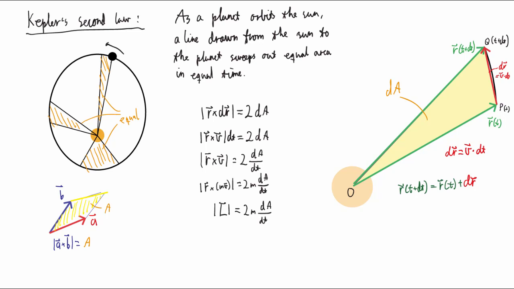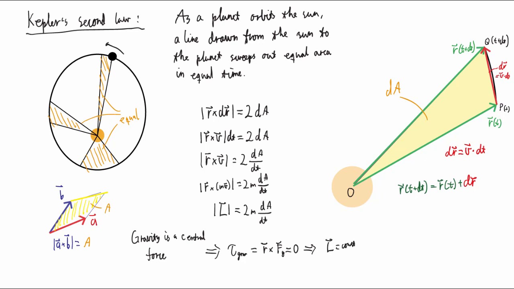So we know that gravity is a central force. It acts along this line, so the gravity acting on a planet here at point P is going to be in the direction of r. Because it is in the direction of r, the torque due to gravity, which is the cross product of r cross F gravity, is going to be 0. This means then that L is a constant.